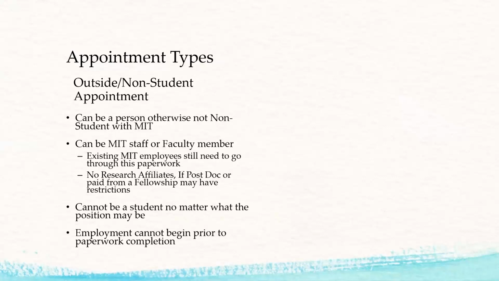So if they're going to come in and be a one-time DJ or, let's say they edit some documents, anything that is one time, we can look at a request for payment to pay them. In that case, they would not have to complete any MIT paperwork. They would just need to submit an invoice and a W-9 form.